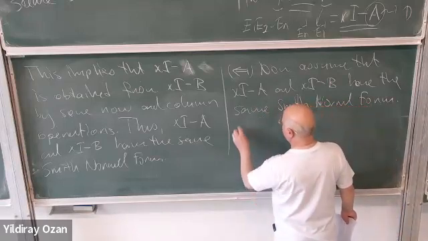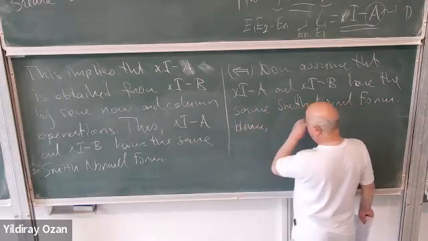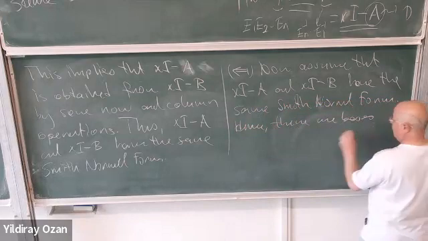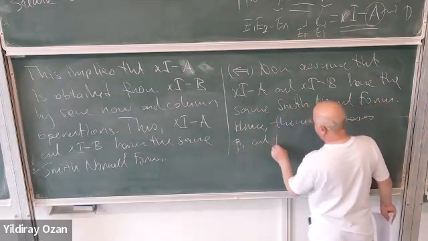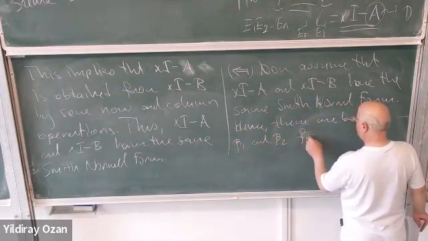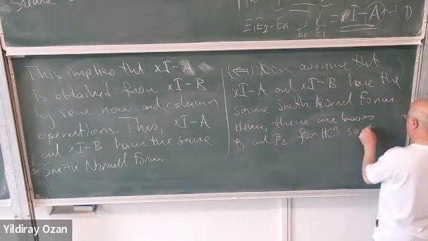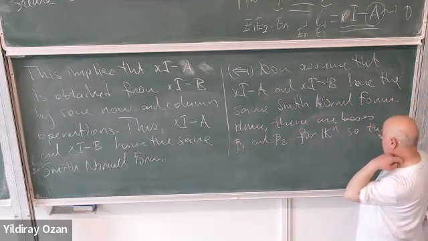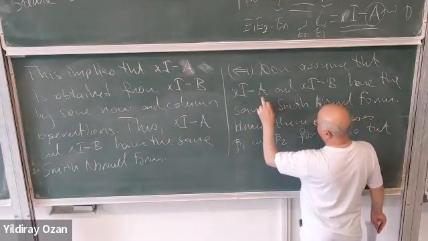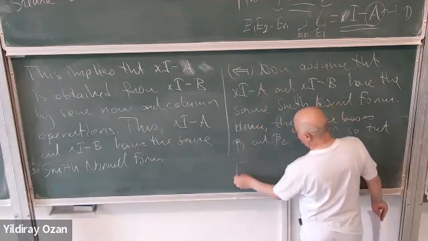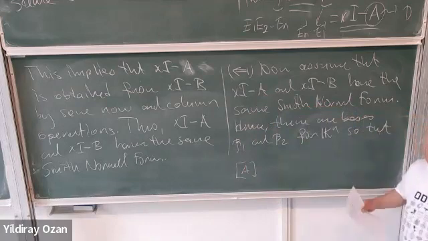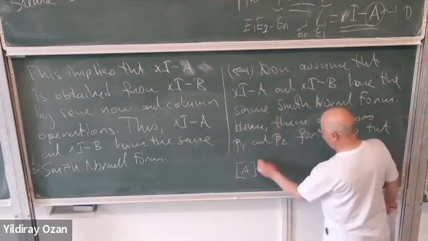Therefore, hence, there are bases beta 1 and beta 2, so that if you write this gadget in this basis, here I consider A as a linear operator, but I write that linear operator in the new basis beta 1.